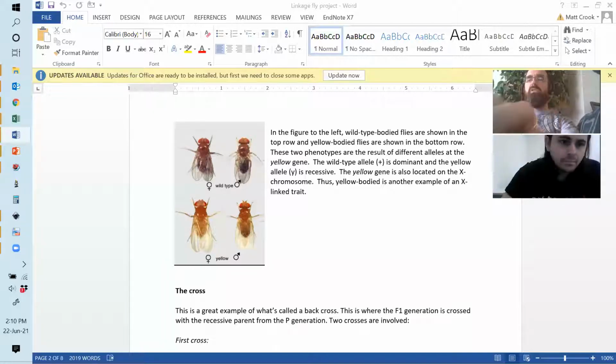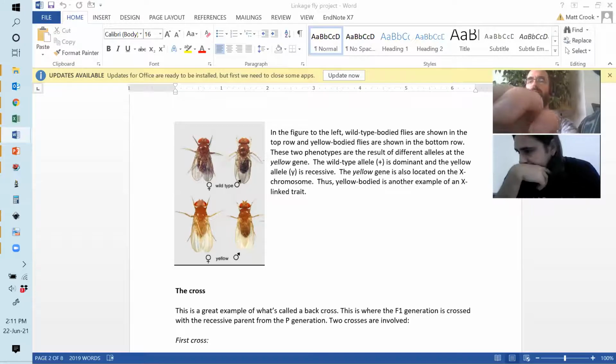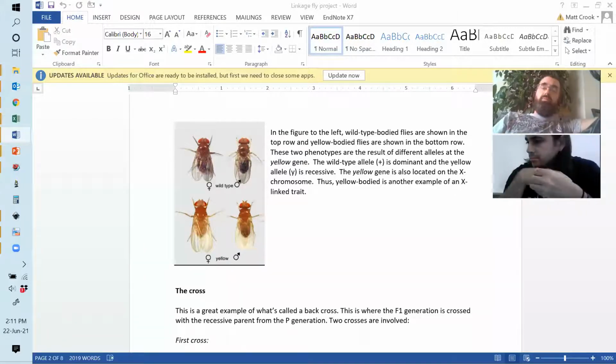That recombination will not always occur between them. In that situation, those genes are linked. And so the process that we're looking at is called linkage.